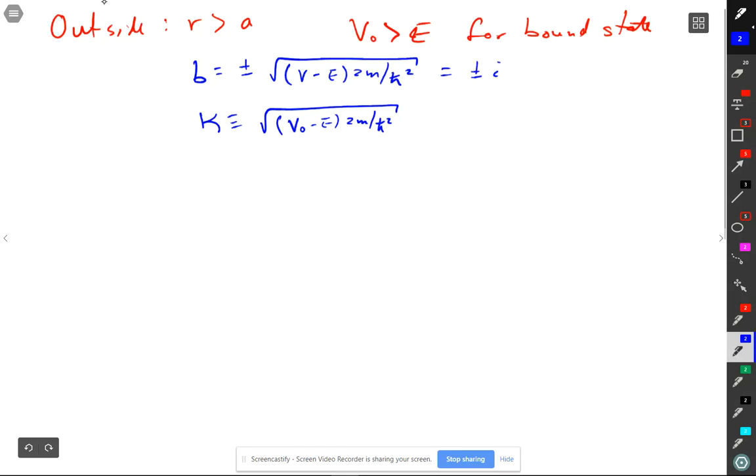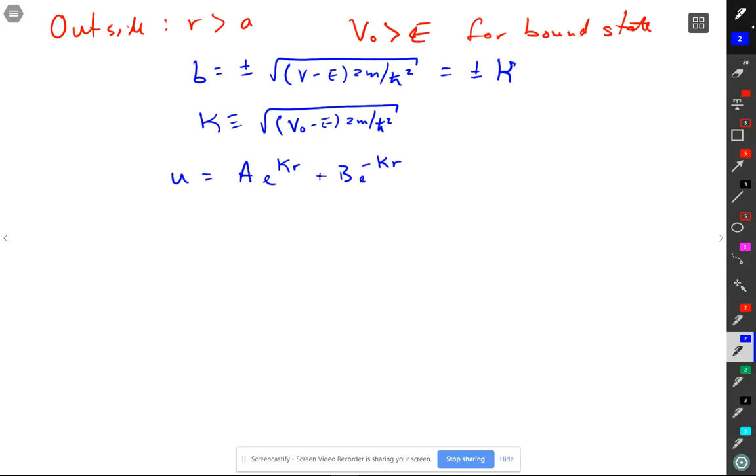That's a kappa. I know it looks like an I because my brain was going the wrong direction. That looks like a K. So that means our solution outside is u equals, I'm going to use a and b again because I abandoned those, A e to the kappa r plus B e to the minus kappa r.